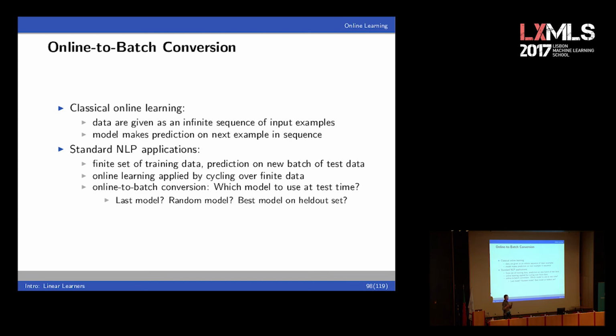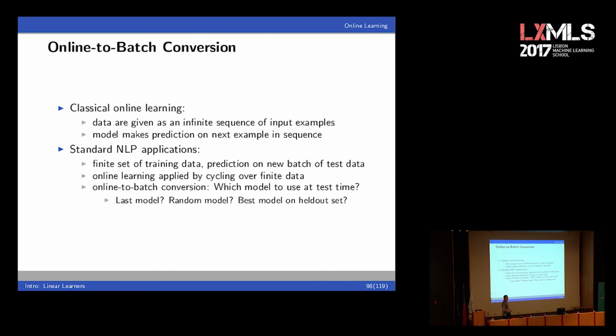So it's not given that you actually have to use the last weight vector and then do prediction using the last weight vector. Yeah? It could be a random choice. There are also theorems that show that a random choice is just good.